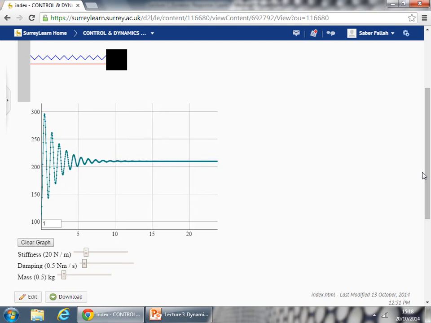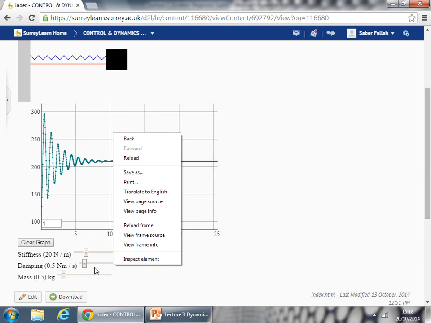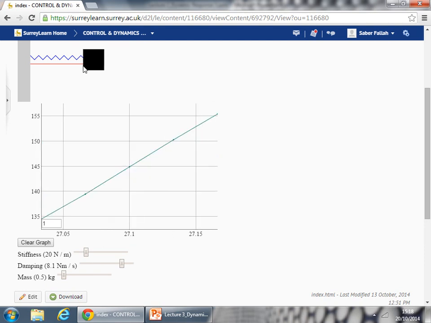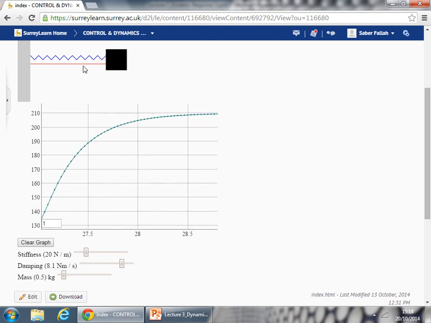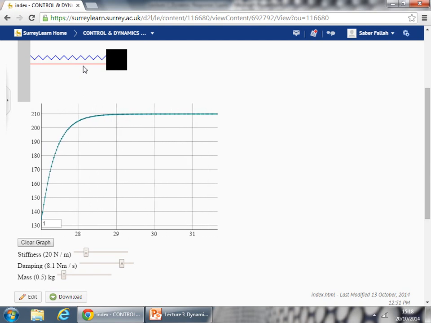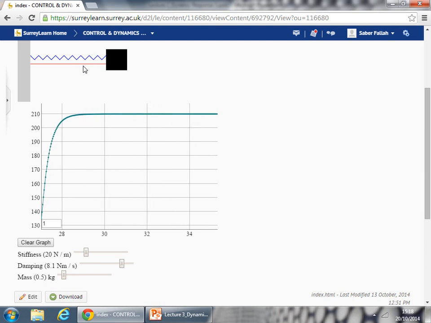This dimension is wrong. I need to fix it. But anyway, if I increase it, for example to here, look, I don't have any overshoot, which makes sense because I have a very high damping ratio, or maybe an overdamped system.